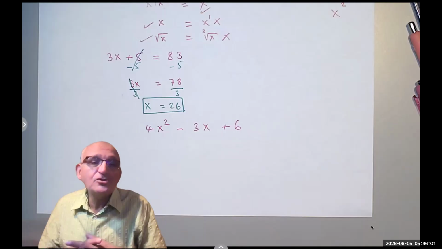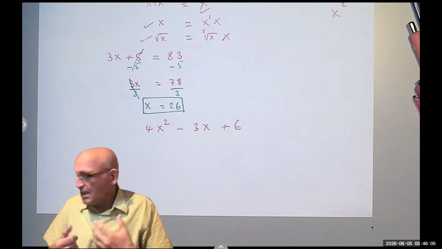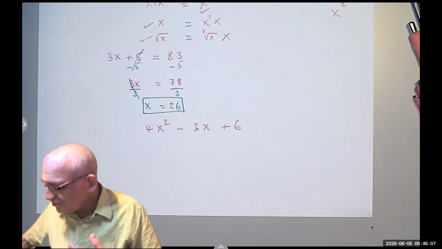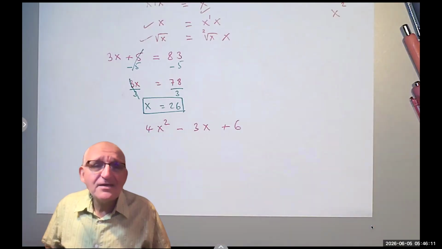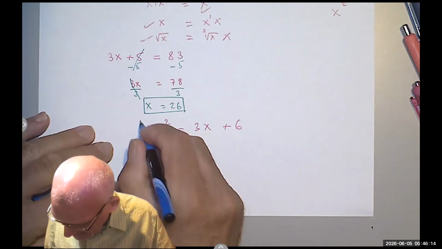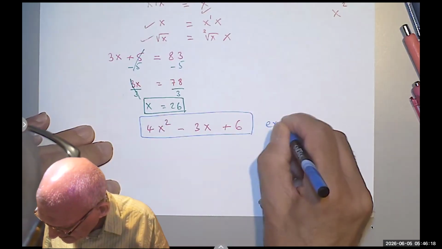We want to build our vocab so we can speak math. So what we are going to do is give a name to each part of that. By the way, we call this whole thing an expression.